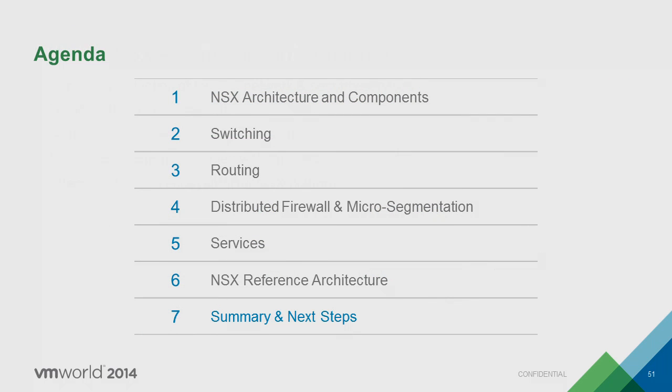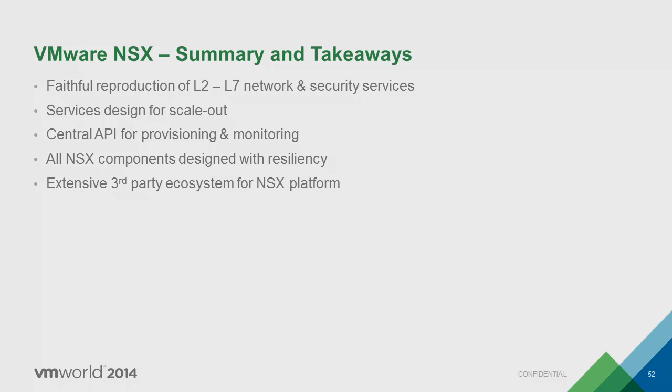So as a summary and next steps, we feel that with NSX, we have a faithful reproduction of L2 through 7 services, and we can drive certain policy aspects all the way into the virtual machine. These services, as provided by NSX, are designed for scale out. As you add more compute capacity, you also add more services capacity.